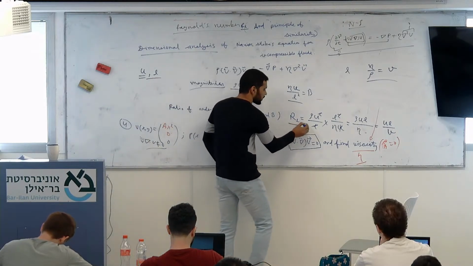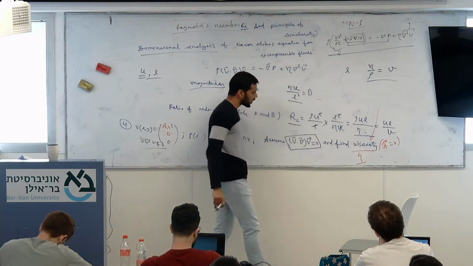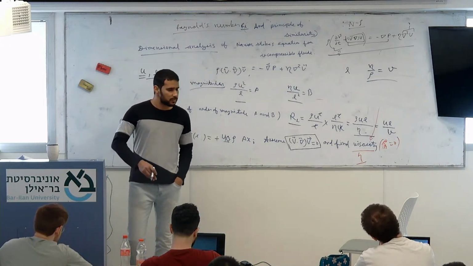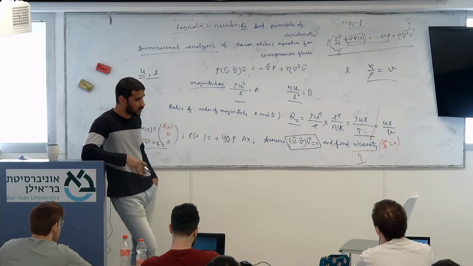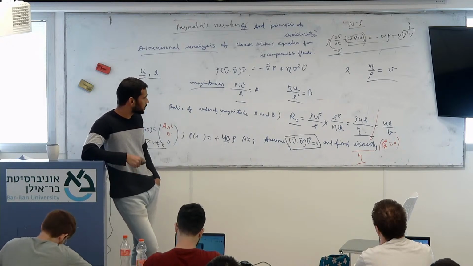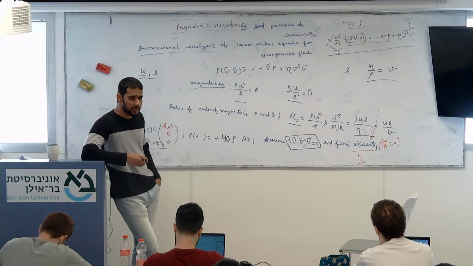This is the Reynolds number. When is it 0? When viscosity is massive. Okay. For high viscosity fluids, Reynolds number goes to 0.